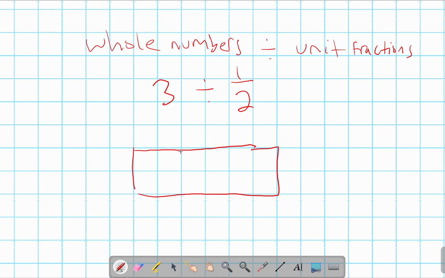Okay, so let's cut this up into 3. So you have 1 over here, 1 of something, another 1 over here, another 1, and another 1. So you have 3. This right here means 3 wholes, right? And each of those 3 wholes you are dividing by 1/2.